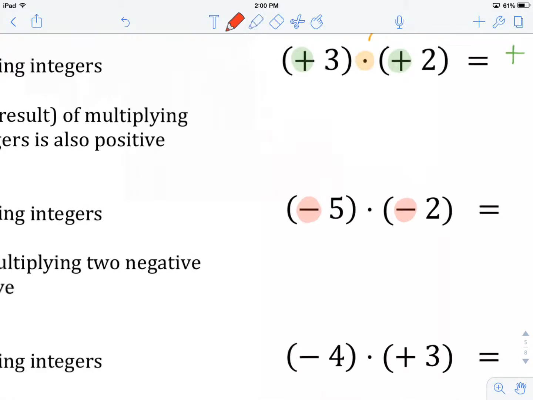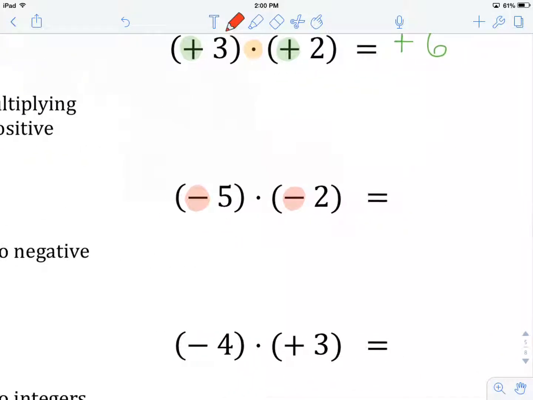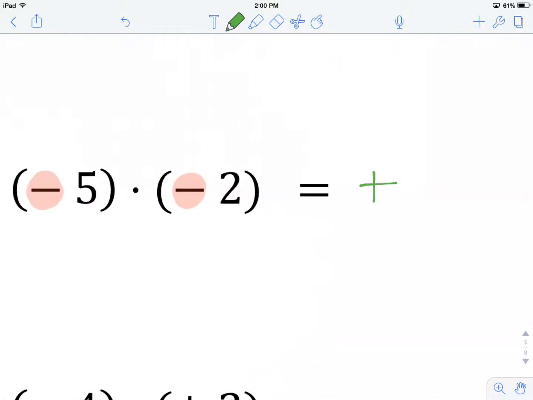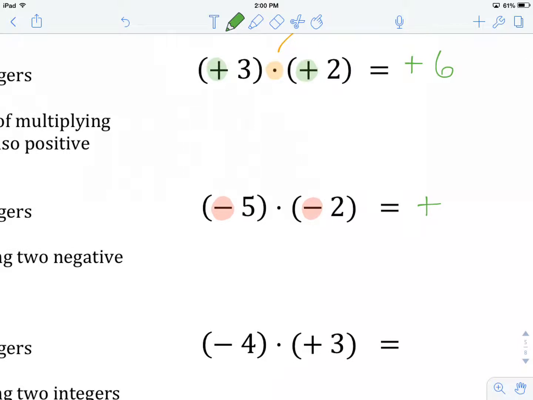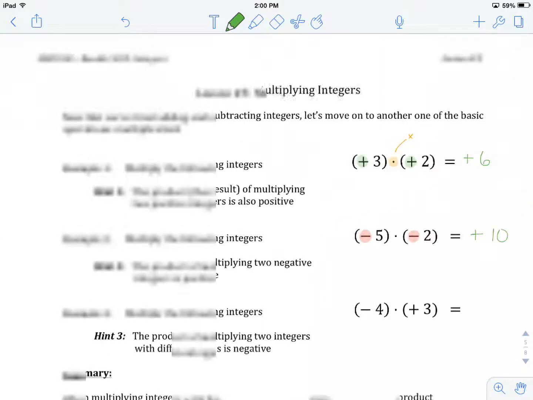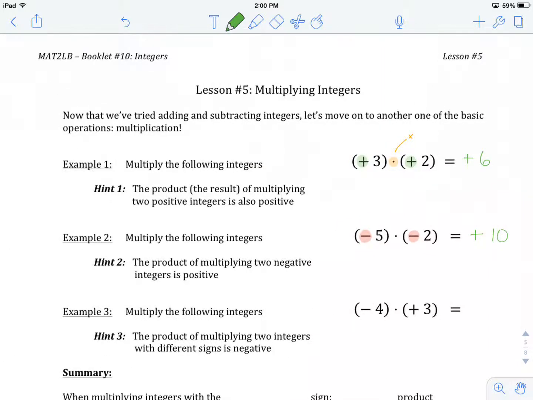And the hint has just told me that when I multiply two negative integers, my product, my result, is also positive. So that's the first thing I did. Negative integer times negative integer gives me a positive product. Once I've got the sign sorted out, I look to the numbers themselves, which are 5 times 2, that's going to give me 10. And that's the answer to example number 2.